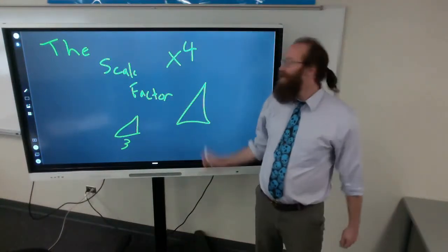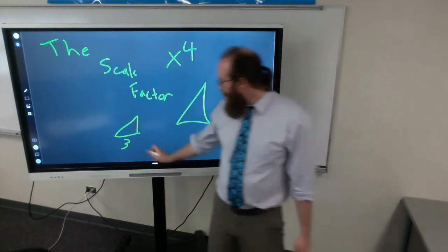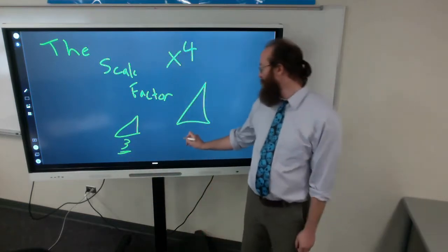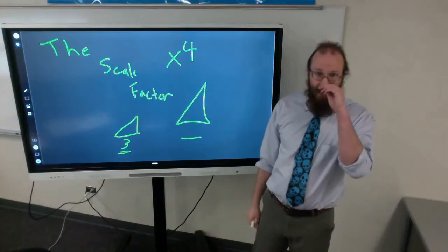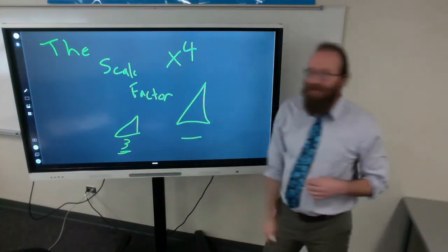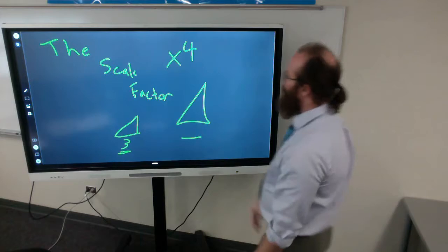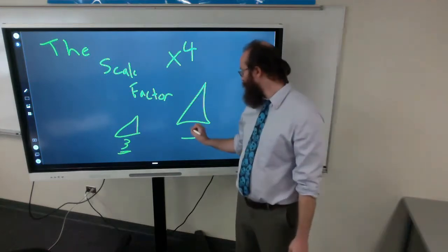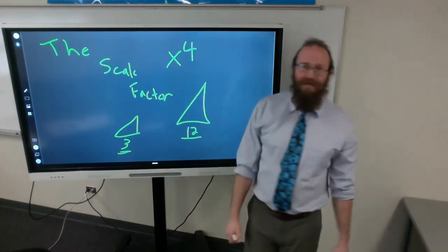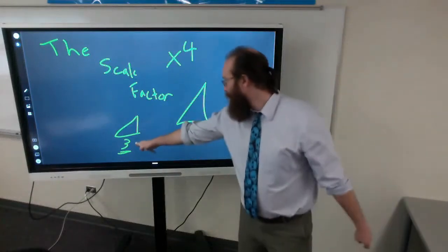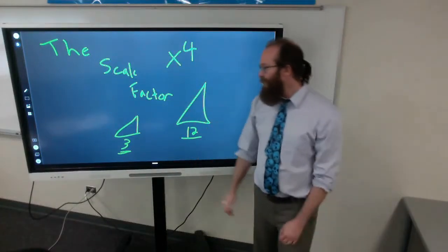So what does that mean on our triangle? It means that this value of 3 should be 4 times bigger on its corresponding side. So you can see how the sides are matched up. Those are corresponding sides. And 3 times our scale factor of 4 would give us the new length of the triangle side. So 3, 4 times bigger is 12.